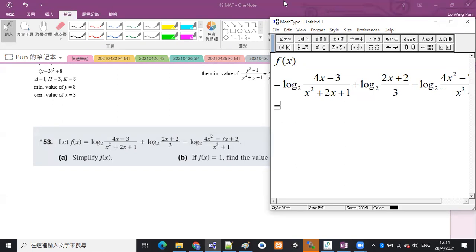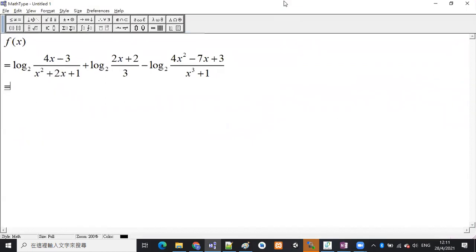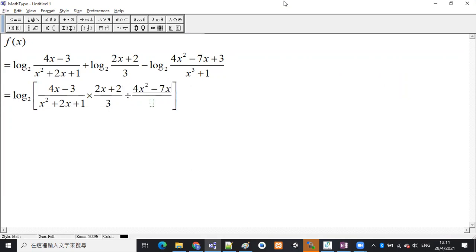Okay, sum and difference of logs becomes one log: this (4x minus 3) over (x squared plus 2x plus 1), times (2x plus 2) over 3, and then divided by (4x squared minus 7x plus 3) over (x cubed plus 1).